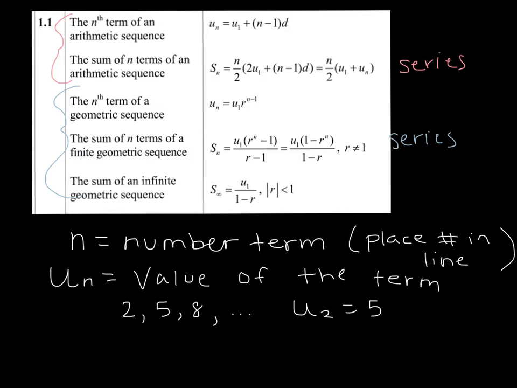So n is 2, U sub n is 5. This is very similar in style to our function notation, like f of 2 equals 5. When x is 2, y is 5. Same idea, when n is 2, the term is 5. So very similar to that notation.